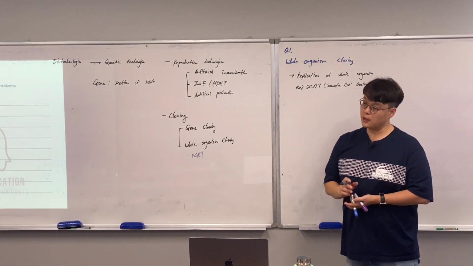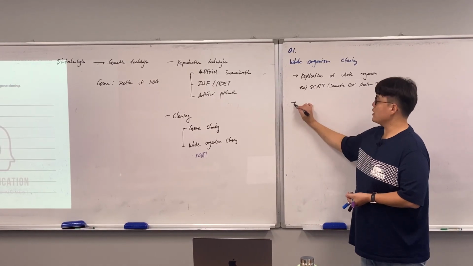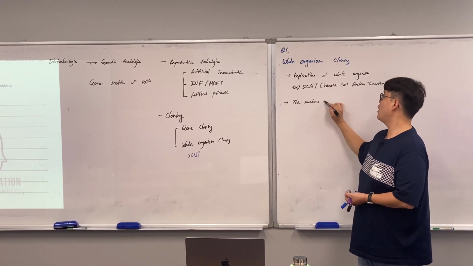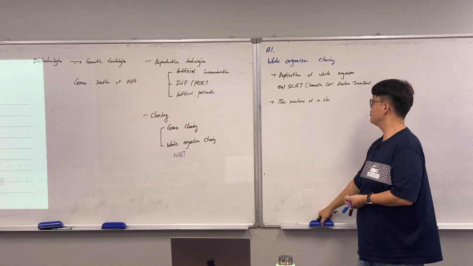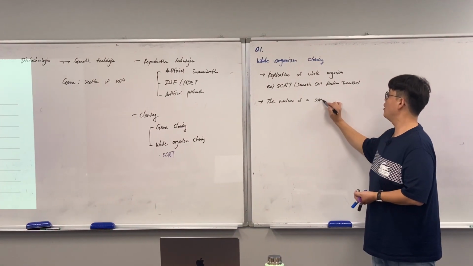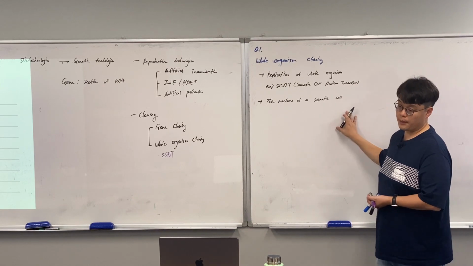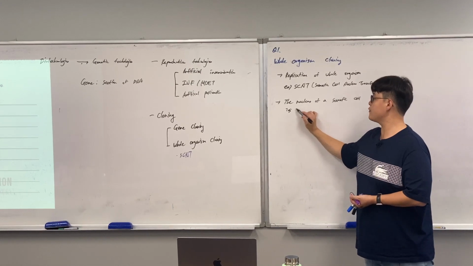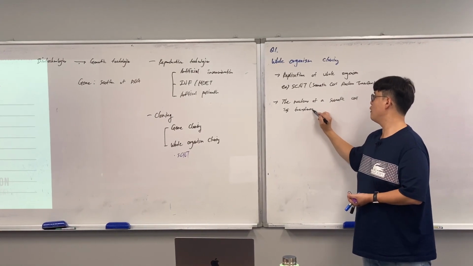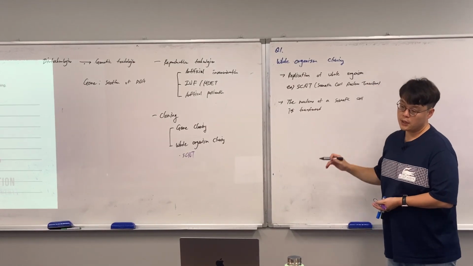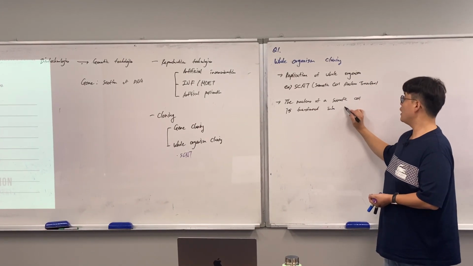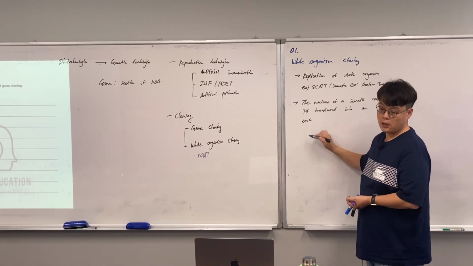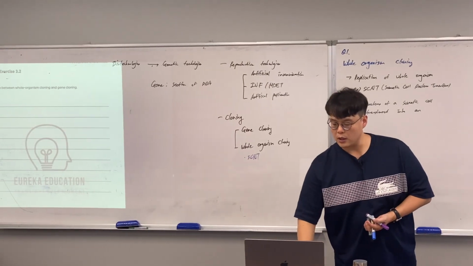If you need to clone something, what we generally do is the nucleus of a somatic cell, that's in the body, is transferred into an enucleated, write this one down, enucleated.